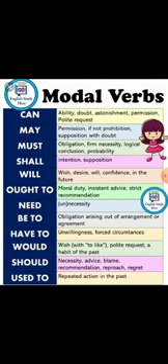Have to, unwillingness, forced circumstances. Would is for wish, polite request, a habit in the past. Should is for necessity, advice, blame, recommendation, reproach, and regret. Used to is repeated action in the past.